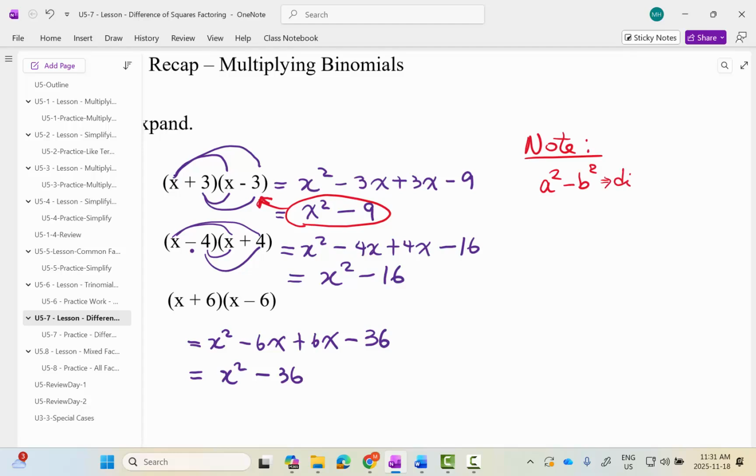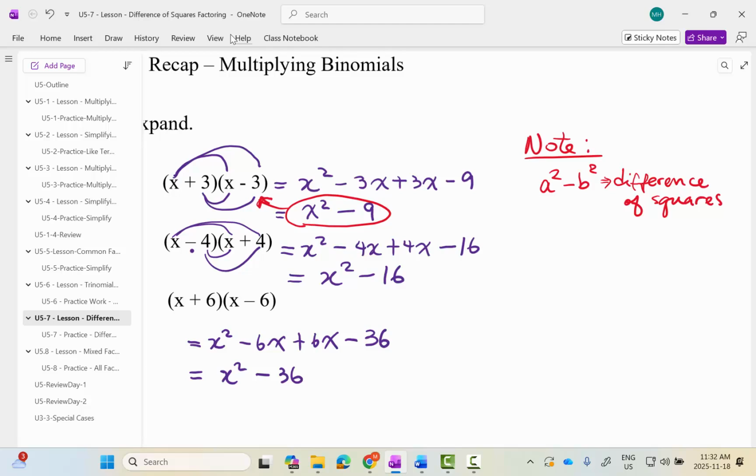We're going to call it difference of squares. So what does a difference of squares look like? The first term there is going to be a perfect square. And then you have minus a second term that is another perfect square.